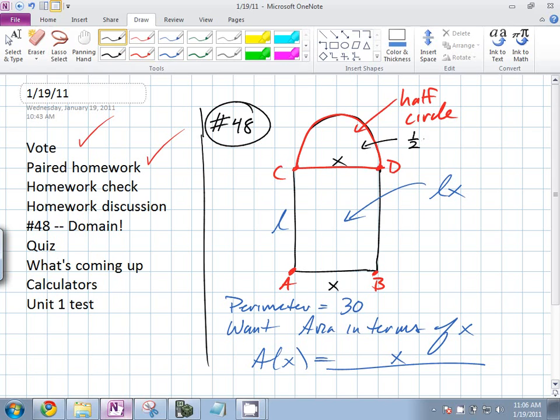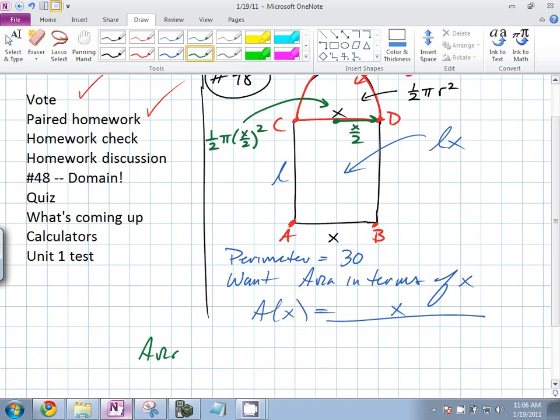So, if we want the area of a half circle, what's the area of a half circle? 1/2 pi r squared. In this case, what is r? Yeah, x over 2. So in this case, the area is 1/2 pi times (x over 2) squared. So the area of the top, this is the half circle.